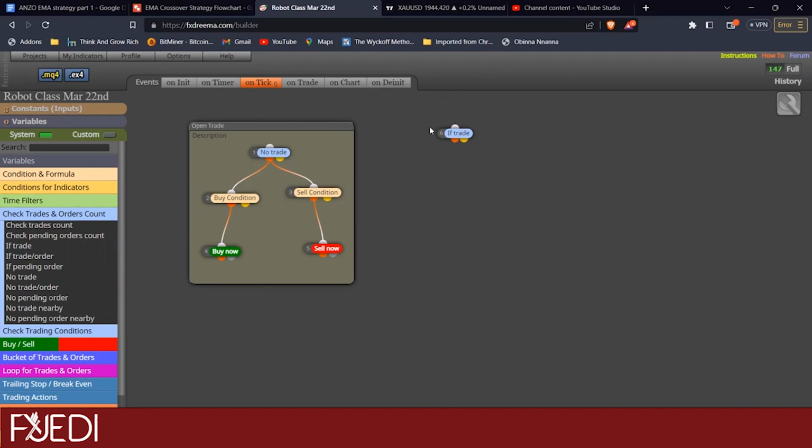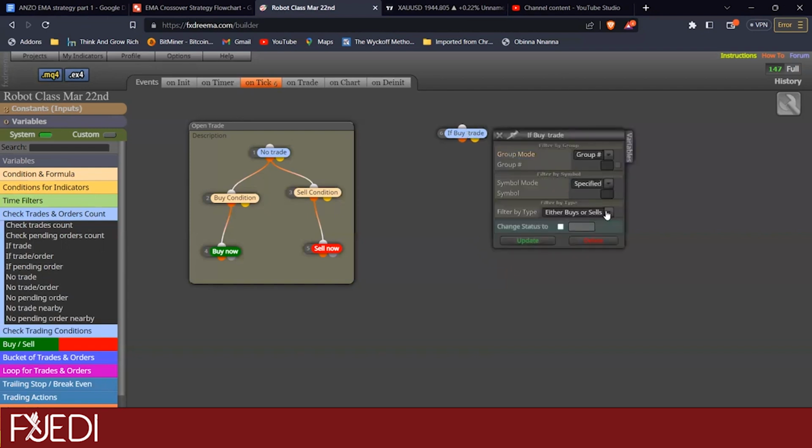Now we're going to rename this to if buy trade, so it's clear. You don't have to rename it though. Let's click on this, double click it, and make sure we're filtering by type. So select buys only and then click on update.